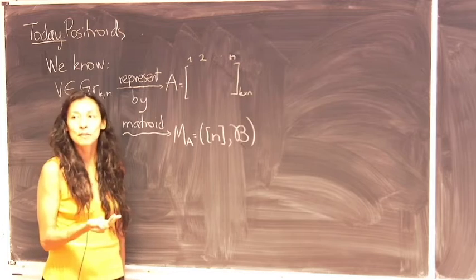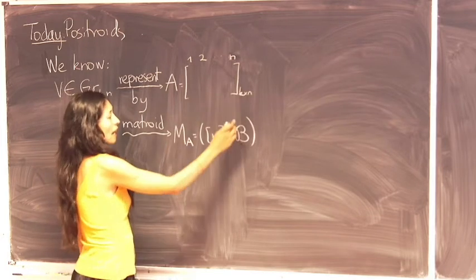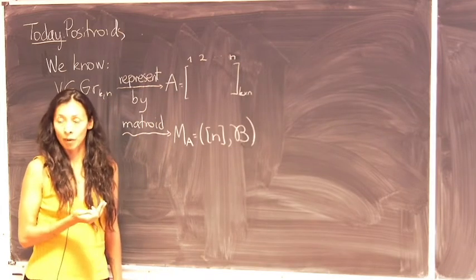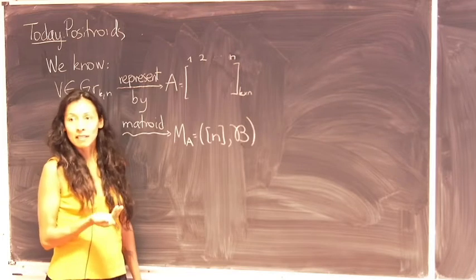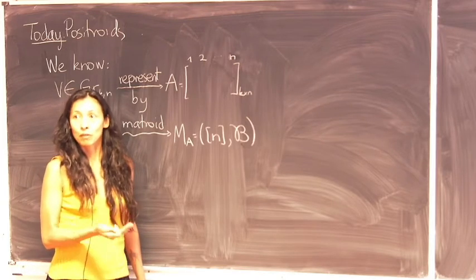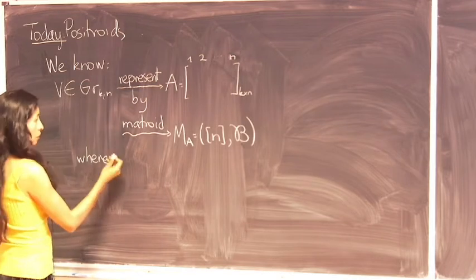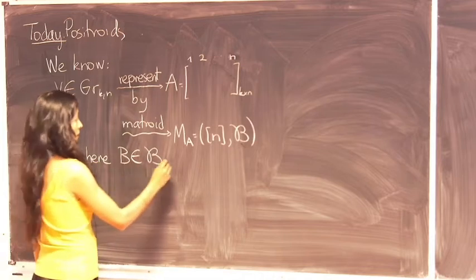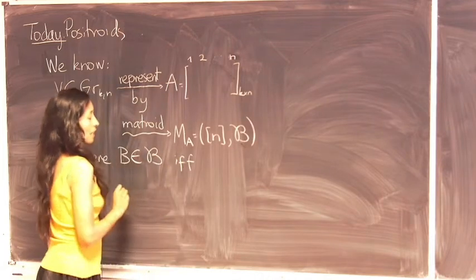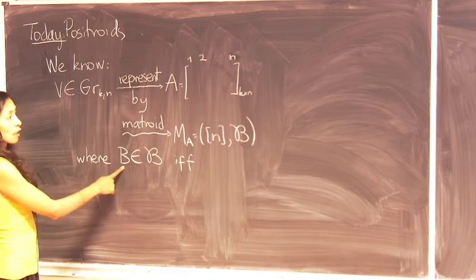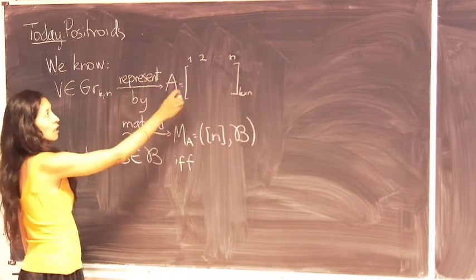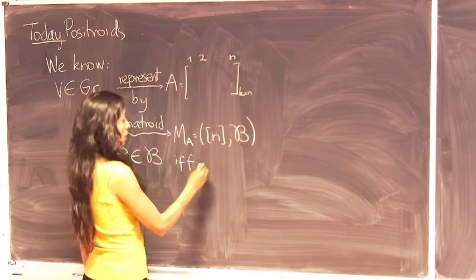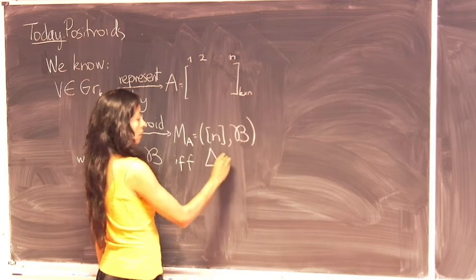Another way of saying that: if I have a collection of k vectors from my column space that are a basis, it means that the determinant of the submatrix they form is non-zero. So, in other words, an element B is characterized by the condition that the determinant of the submatrix that I take from A by picking the columns indexed by B is different from 0. I'm going to denote that by Delta_B.